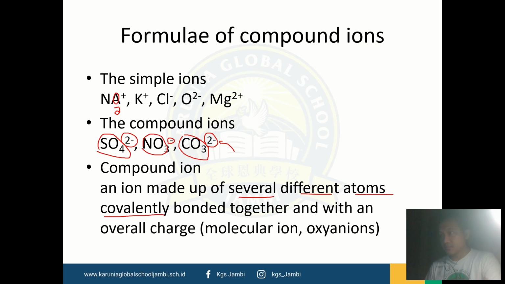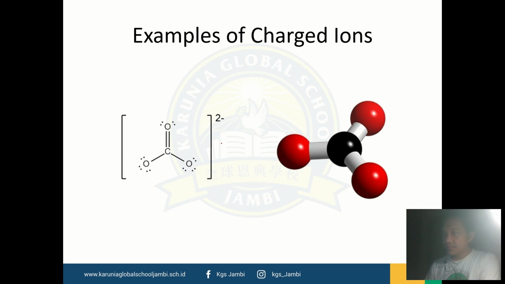Now, previously we have the example of charged ions. Yeah, the carbon and the three oxygen. The carbon atom number is 4. So on the outer shell they have 1, 2, 3, 4 electrons, and they have double bonding here with the oxygen, and 1, 2, 3, single bonding with the other oxygen.